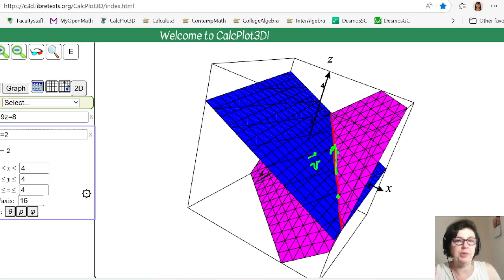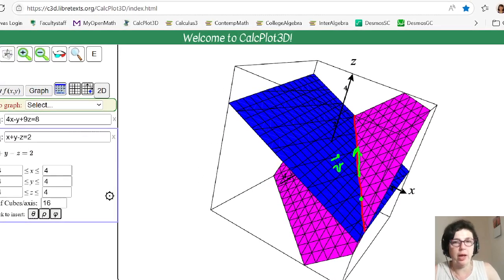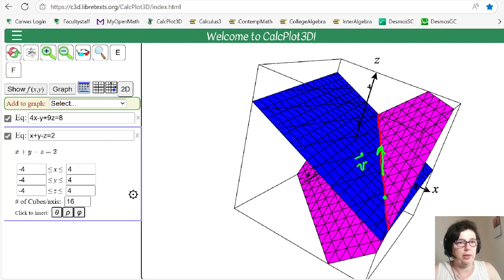Here is an observation I need to make. Look at the first plane, x plus y minus z equals 2. What is a vector that's normal to that plane? The coefficients 1, 1, and -1 give you the vector normal to the plane.